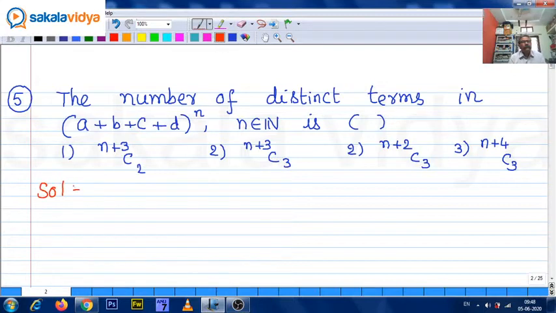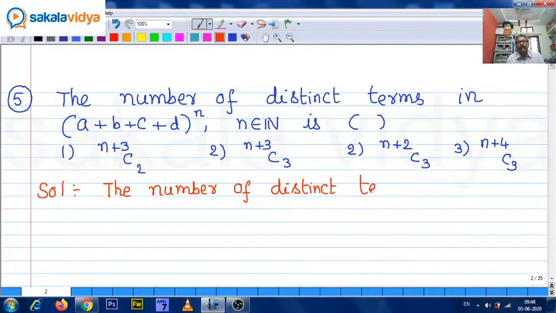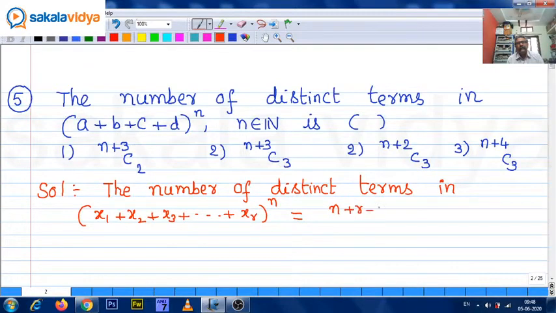Solution. The number of distinct terms in (x1 plus x2 plus x3 plus so on plus xr) whole to the power of n is equal to n plus r minus 1 C r minus 1.